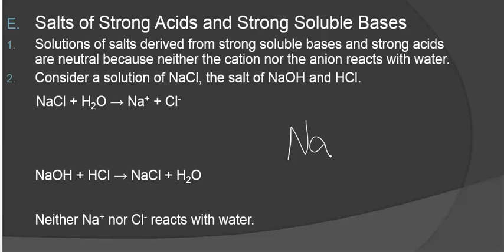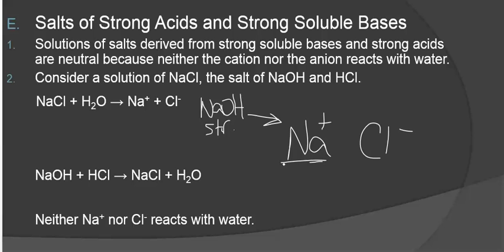When I put NaCl in water, it breaks apart into Na plus and Cl minus. It's aqueous. Na plus comes from the base NaOH. NaOH is a strong base, which means this ion is a weak acid. They're always opposite.